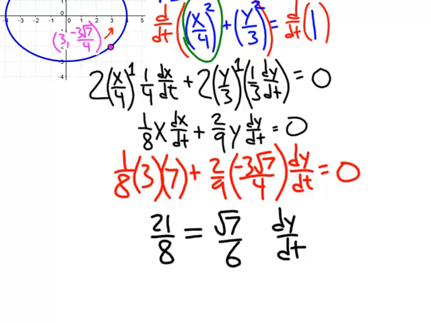Let's get the dy over dt by itself. Let's multiply both sides by 6 over root 7. And that allows me to get dy over dt by itself. And on the left side here, I can simplify a little bit. 6 over 8, or I shouldn't cross them out. I should just say 6 over 8.